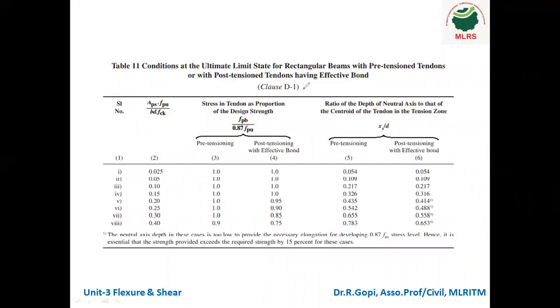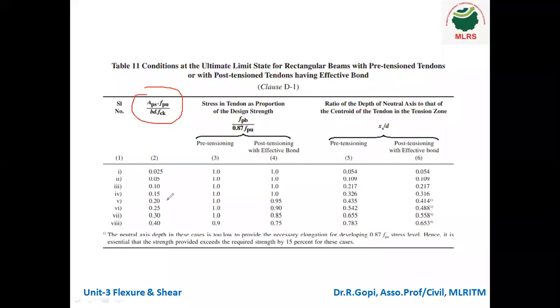under this, the table can also be used. So what is this table? Conditions at the ultimate limit state for rectangular beams with pre-tension tendons or with post-tension tendons having effective bond. Okay, so here there is a ratio, APS into FPU divided by b d FCK.